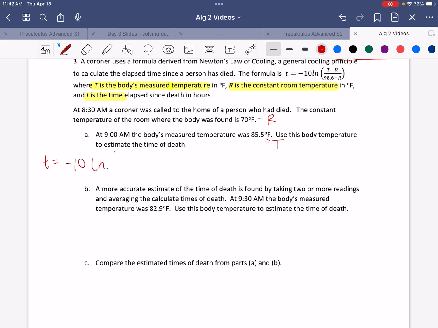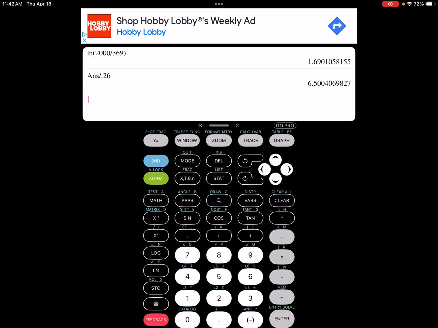So I think this is a straight plug-in question. -10 times the natural log of 85.5 minus 70 over 98.6 minus R, which is still 70. So I'm going to go ahead and plug this into the calculator, and I am going to use a fraction here.